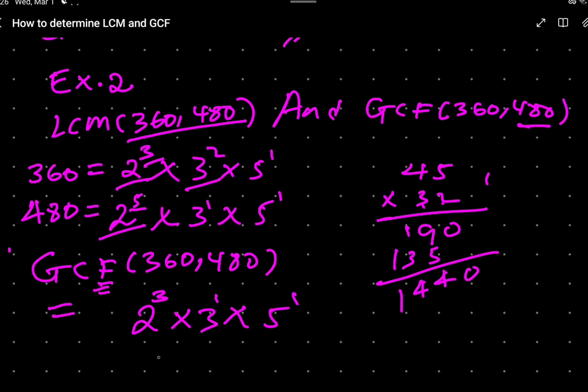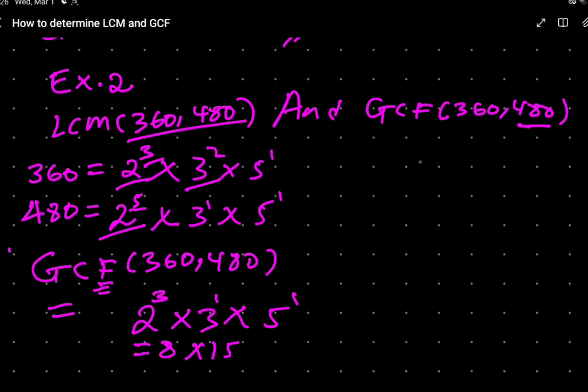Now 2 to the power of 3 is 8, so it is 8 times 15. Let us do this one. How much is 15 times 8? 8 times 5 is 40, 4 here. Then 8 times 1 is 8, plus 4 is 12.